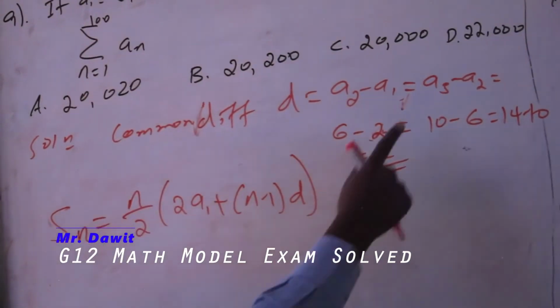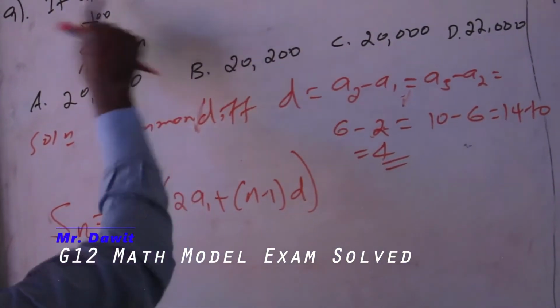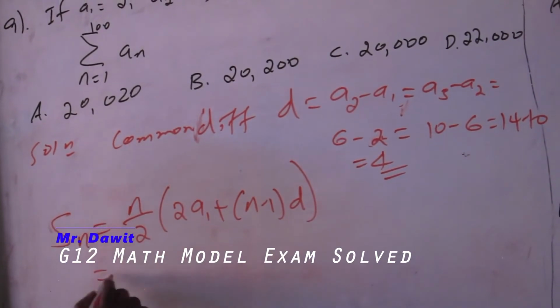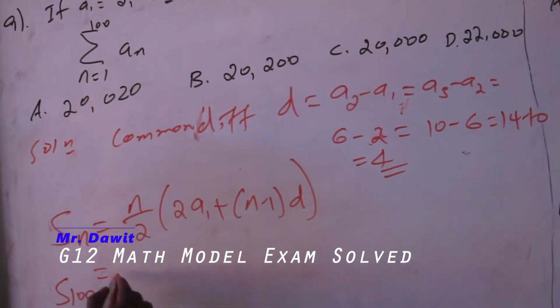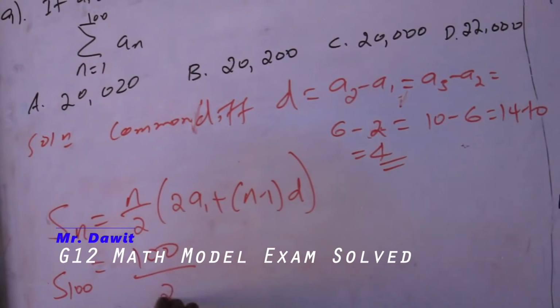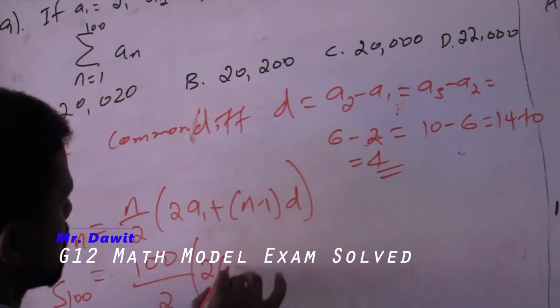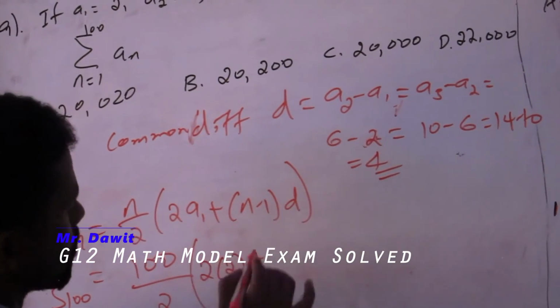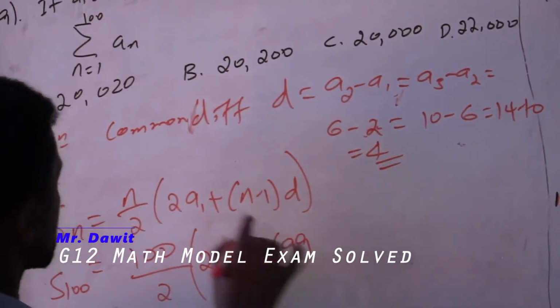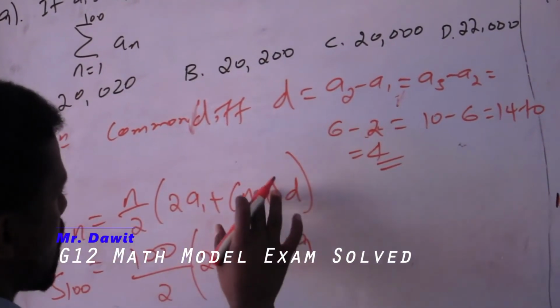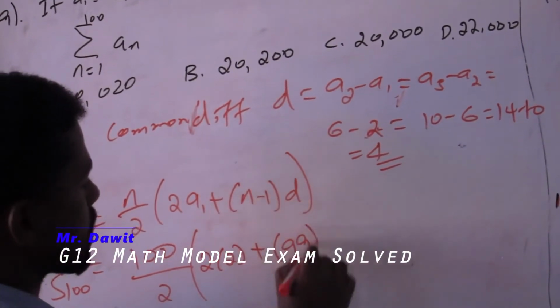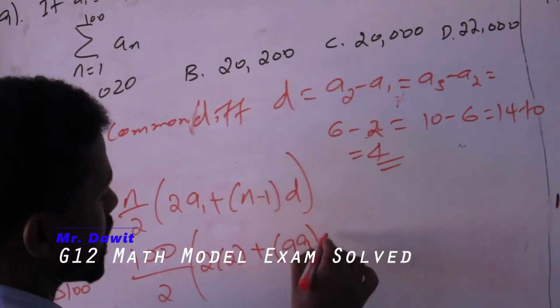The common difference is 4, a1 is 2. It is known. So therefore S of 100 is equal to 100 divided by 2 times 2 times a1, which is 2, plus n minus 1, that is 99, because 100 minus 1 is 99, times common difference 4.